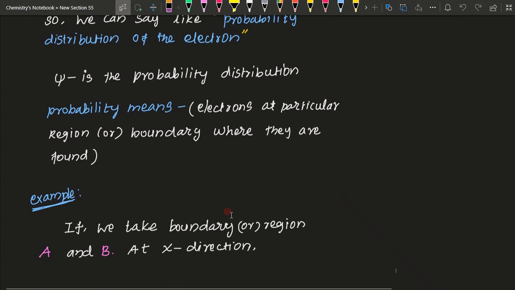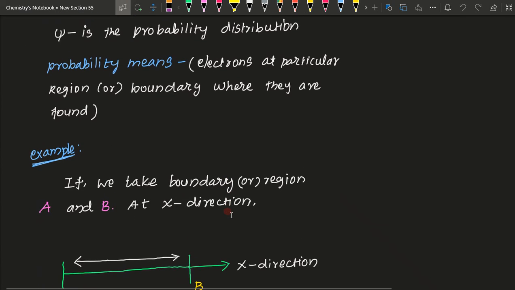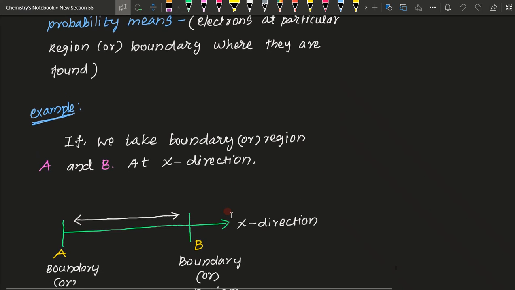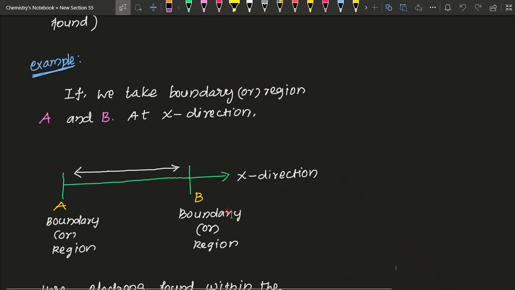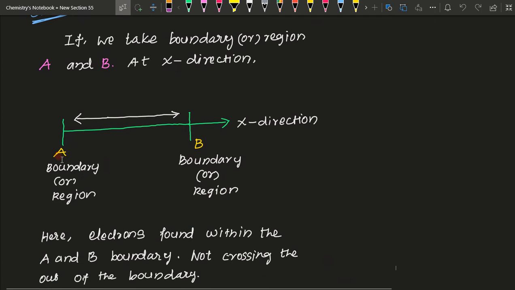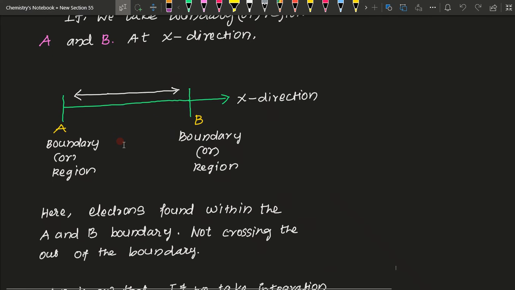For example, if we take boundary or region A and B in the x direction, see here, this is the A region, this is the B region, or boundary in the x direction. See below, here electrons are found within the A and B boundary, not crossing out of the boundary.